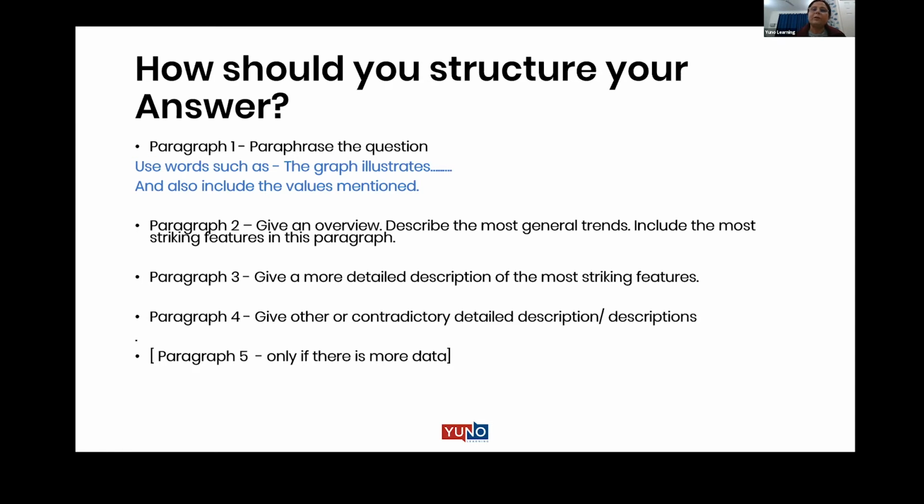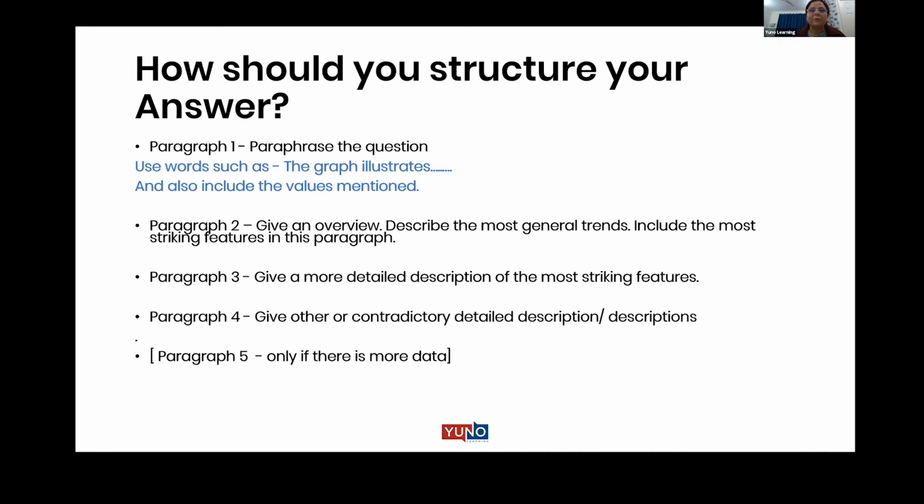Now, what should you include in paragraph 2? When we look at any visual input, some features strike us immediately. We say, oh, look at that. When you get this feeling, look at the difference, those are the key features. Make a note of them. And then there are some other minor ones, oh, this is also there, that is also there.